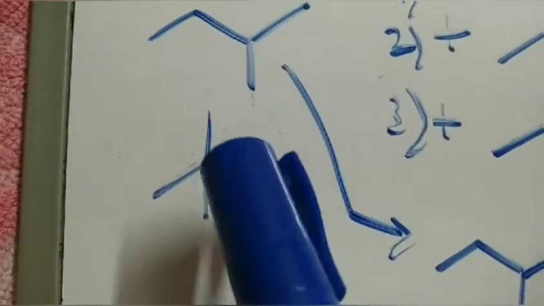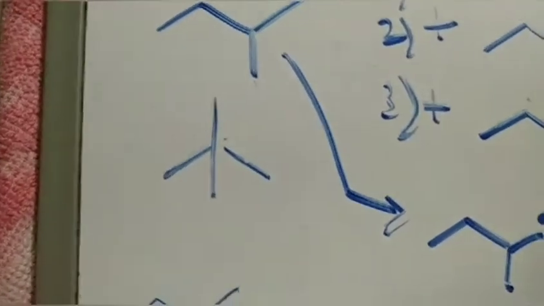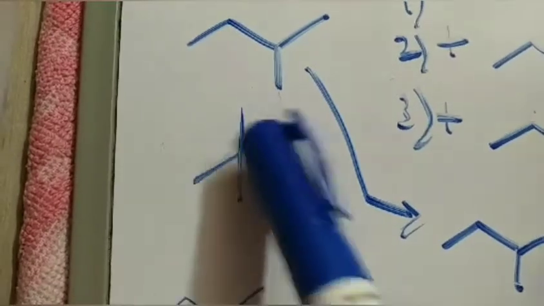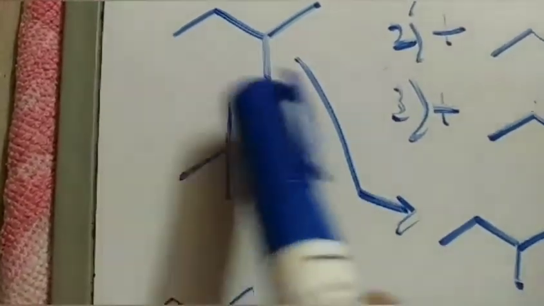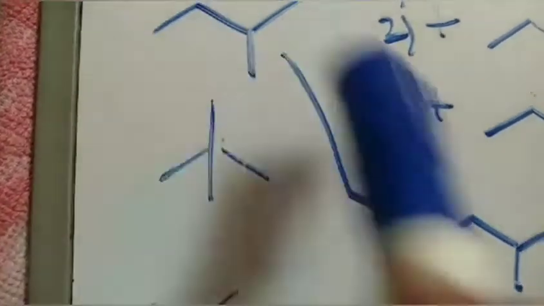And if you see here, there's no space to draw. Sorry, here there is no hydrogen. The central carbon has all 4 positions filled with methyl, so no hydrogen is there. All these 4 methyl groups have 3 hydrogens, but fortunately all those hydrogens are identical. Can you understand?